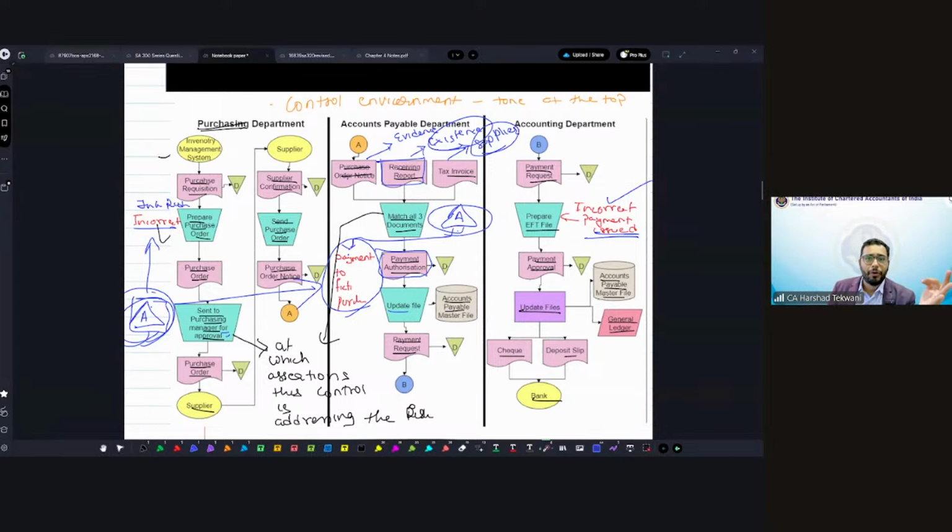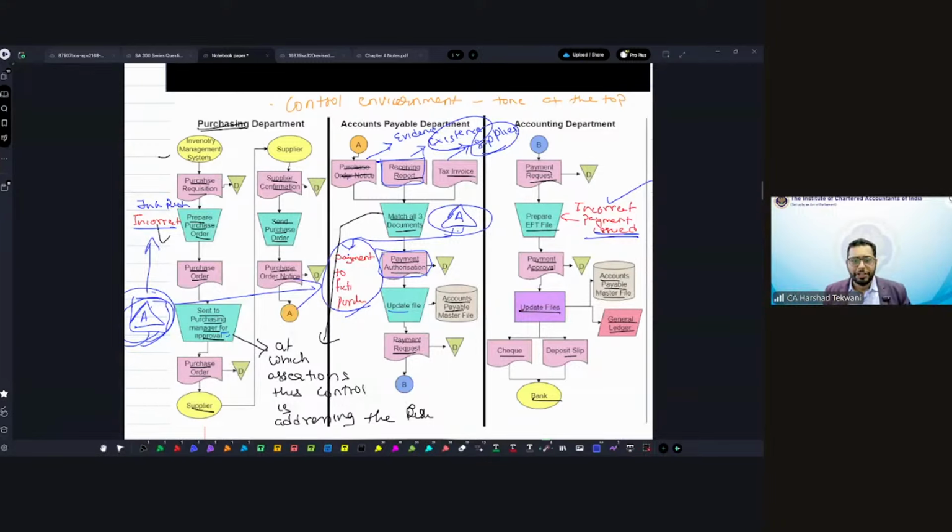The entity's risk assessment process. You cannot have a control randomly anywhere where you don't need it. For example, let's say three-way match control is there, and after the three-way match everything is done, you enter a control, okay, let's verify the purchase order again. Waste of time. You cannot have any control at any point in time.